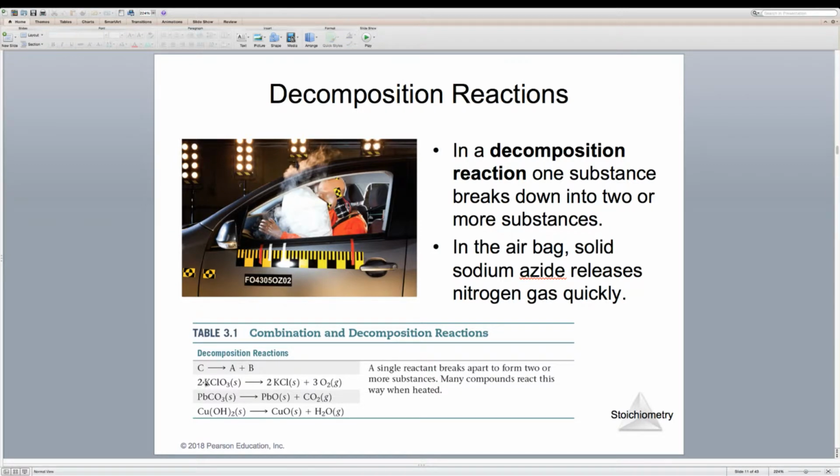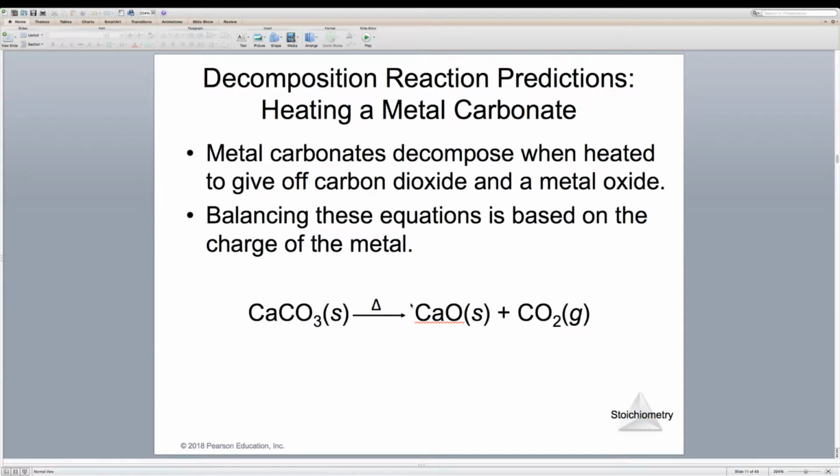We have potassium chlorate breaking down into potassium chloride and oxygen, lead carbonate or lead 2 carbonate breaking down into lead 2 oxide and carbon dioxide, and then copper hydroxide breaking down into copper oxide and water. A real life example of this: sodium azide releases nitrogen gas quickly because sodium azide breaks down into nitrogen gas, and that is where the airbag deploys, and that is why it fills up with nitrogen specifically.